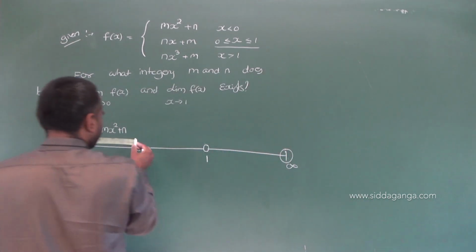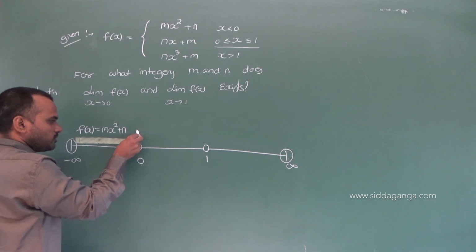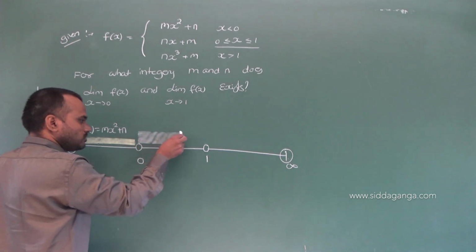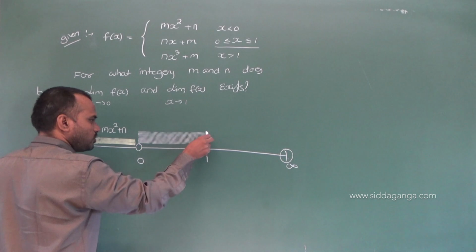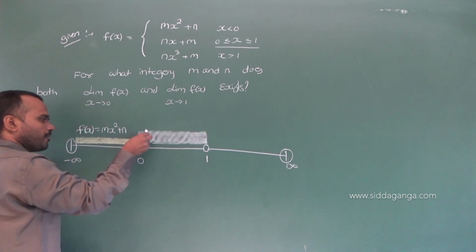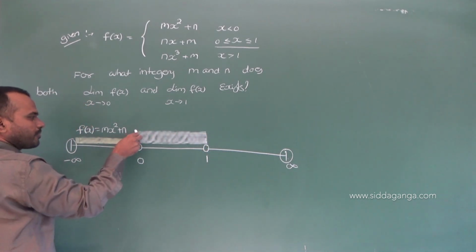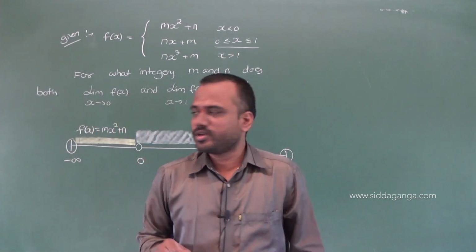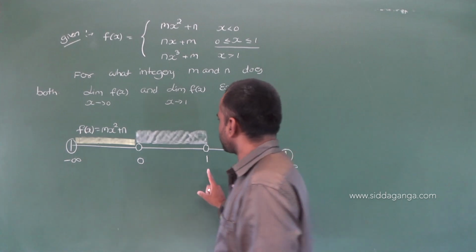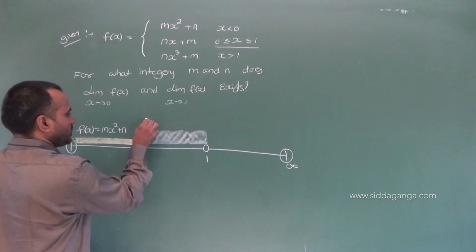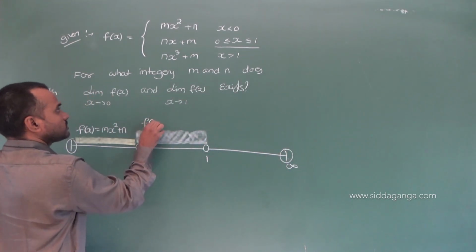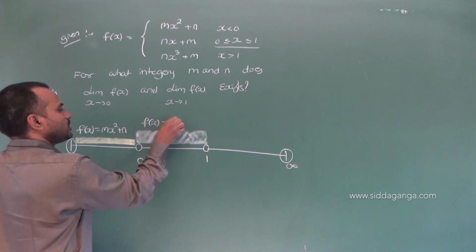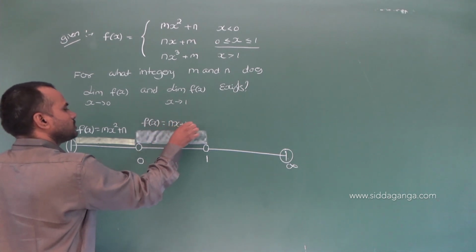So in between, from 0 to 1, two domains are included. From 0 to 1, greater than or equal to 0 and less than or equal to 1, the function f of x is n x plus m.